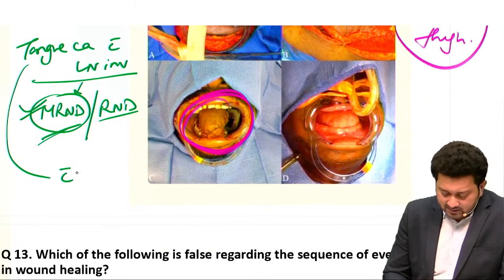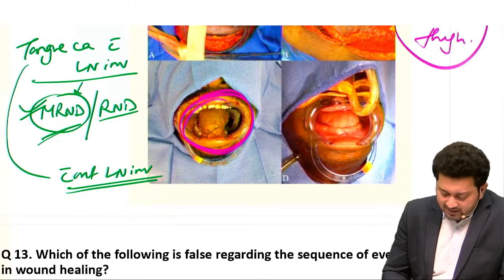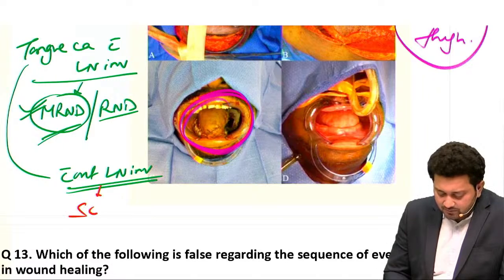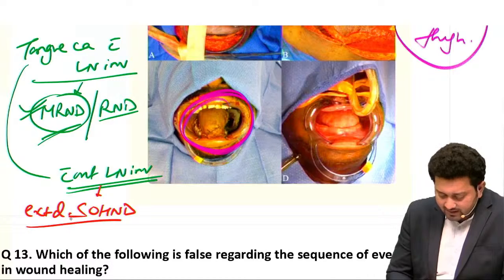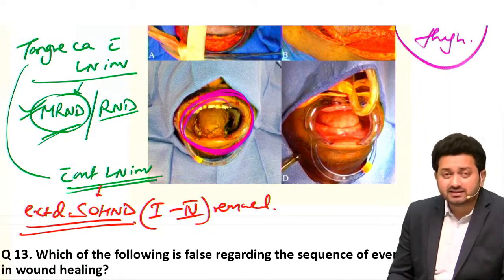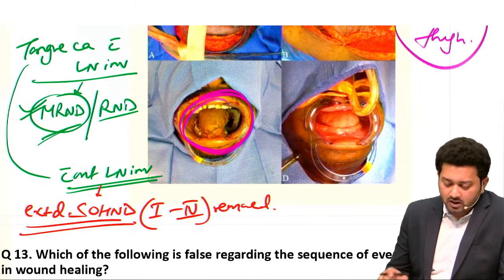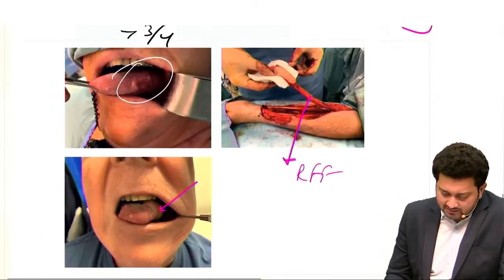Tongue cancer without lymph node involvement, you will do a type of selective neck dissection known as supraomohyoid neck dissection, extended version. Extended supraomohyoid means you will remove level 1 to level 4 from that particular side because it is a high risk type of tumor. Okay, so let's see what should be the answer.